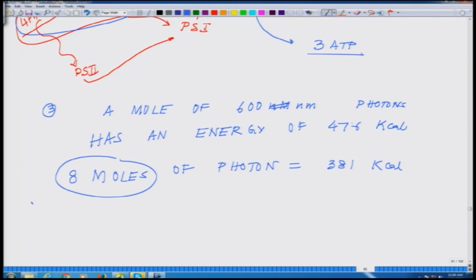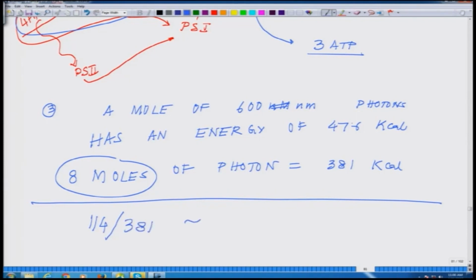Thus, this brings us to the concluding part of this lecture. The overall efficiency of photosynthesis under standard condition is 114 over 381, which is approximately 30%.